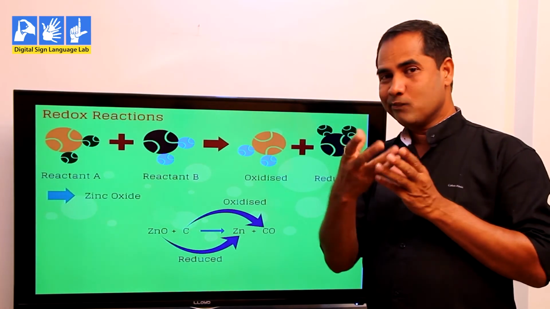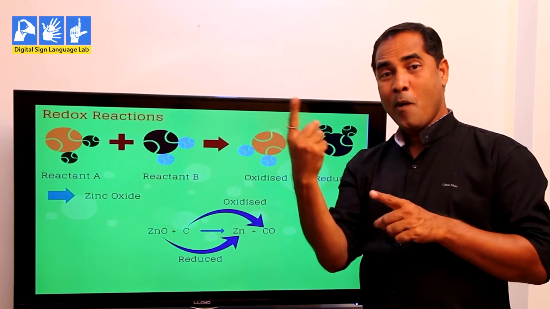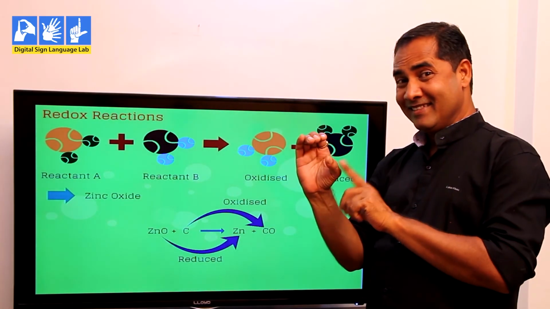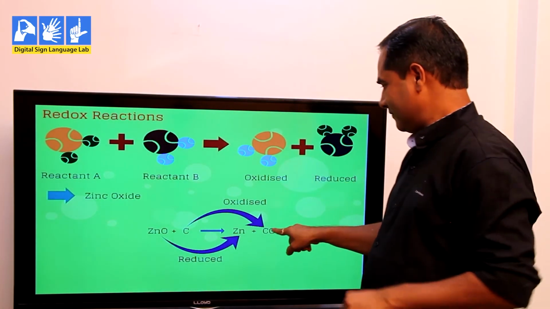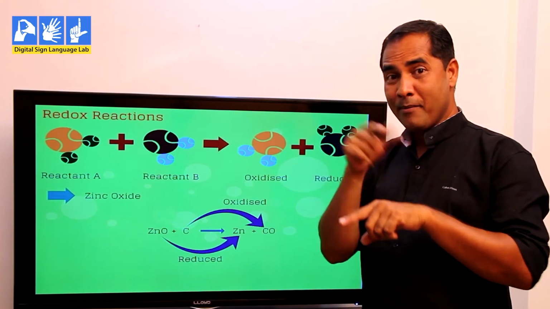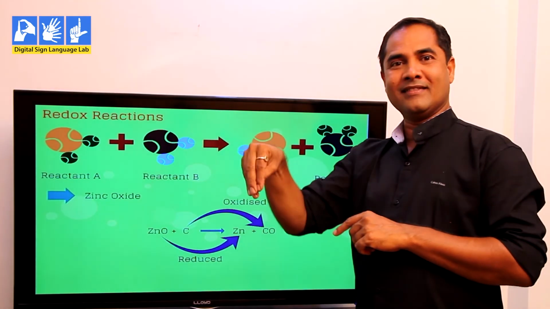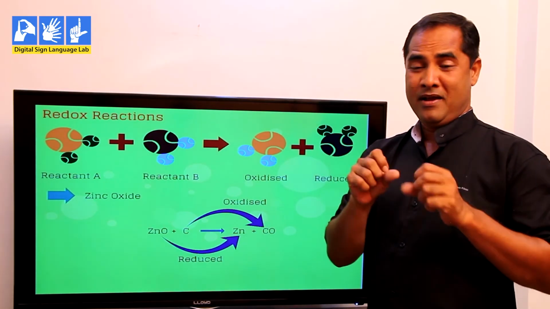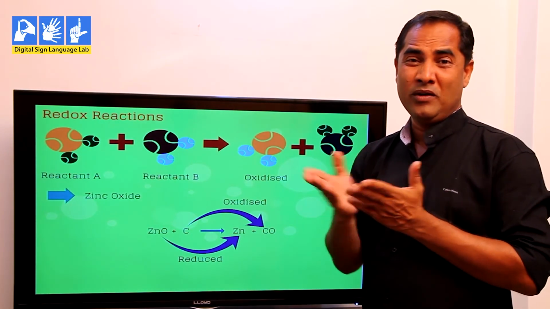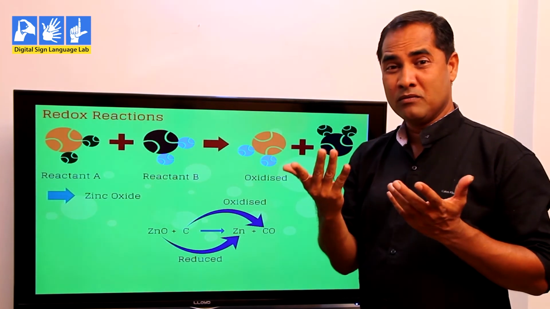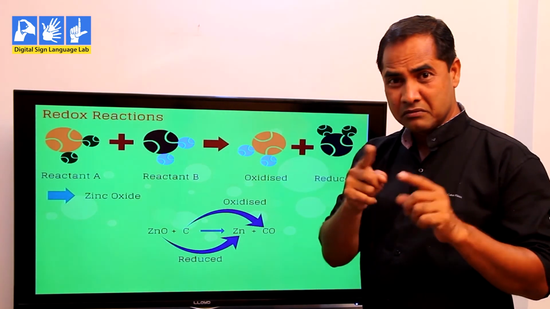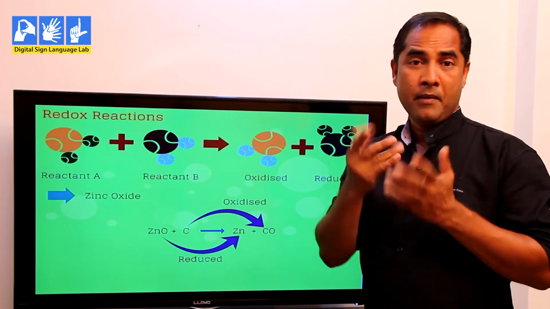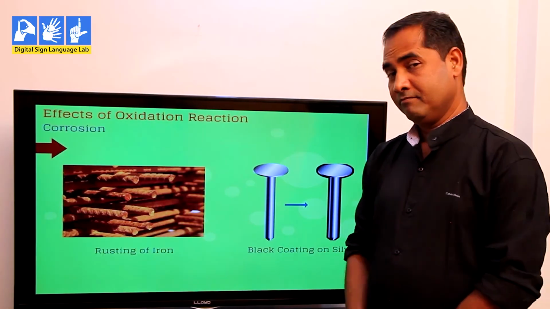The zinc is reduced, that is, the oxygen is removed, and the carbon, which was only C, now gets oxidized. So the oxygen is removed from zinc and added to the carbon. As you can see, there are so many different kinds of reaction. Maybe you can learn more, discuss, and get more experience and understand more about the topic.